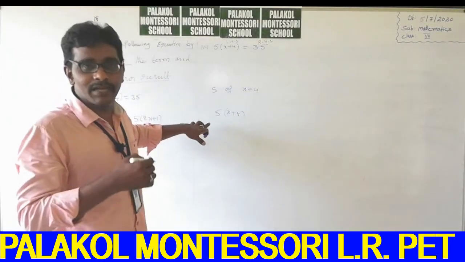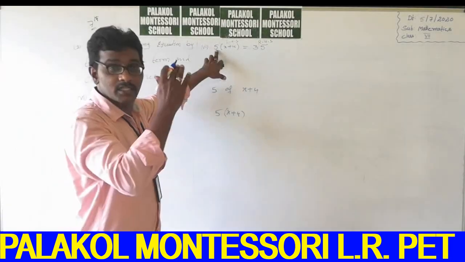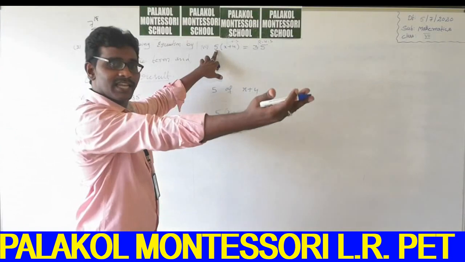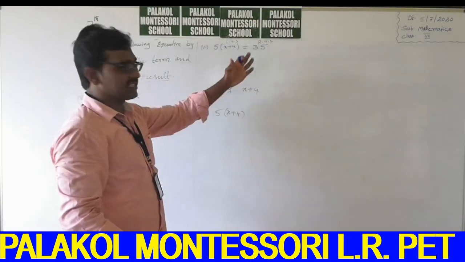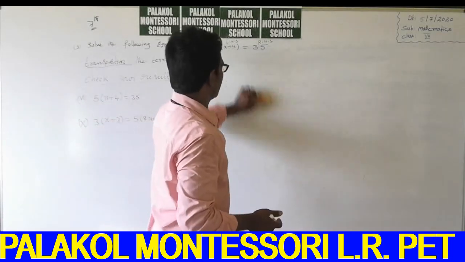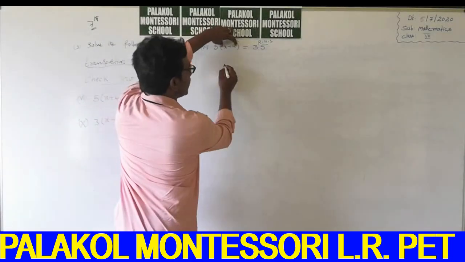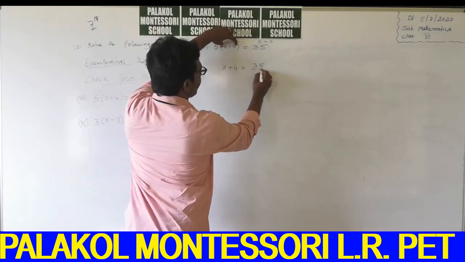Product means multiplication. This big multiplication, transposing from the LHS to the RHS, means send it that side. Here the multiplication, that side divides. What remains here? x plus 4. x plus 4 is equal to 35 by 5.